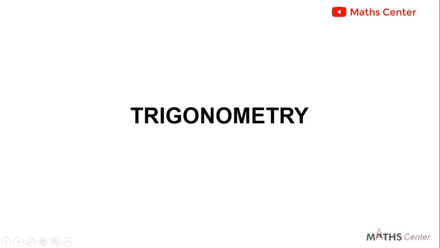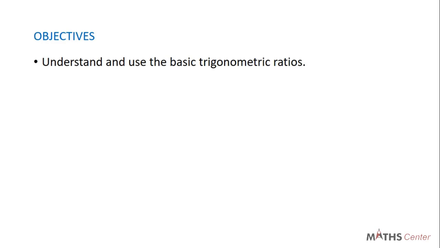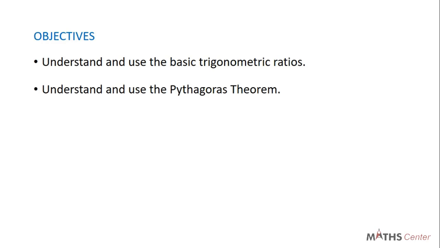We are beginning a new topic today, trigonometry. What are the objectives that we look forward to achieving at the end of this topic? At the end of this topic, you should be able to understand and use the basic trigonometric ratios.